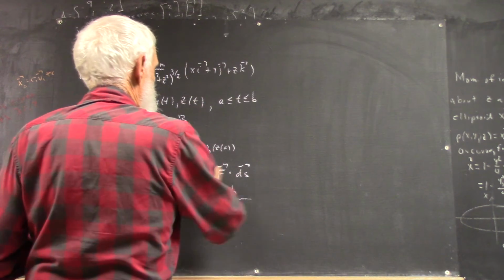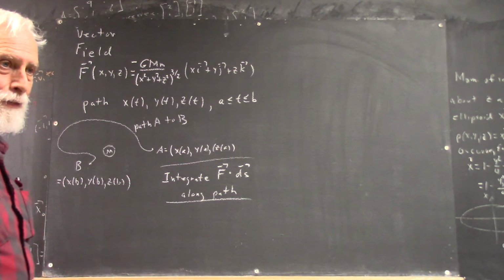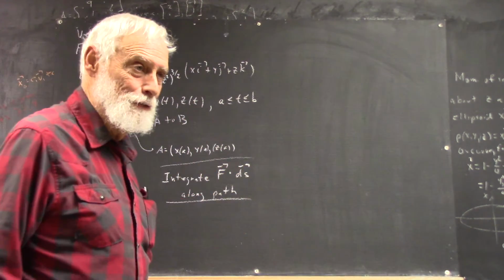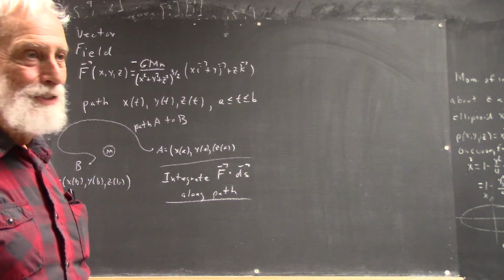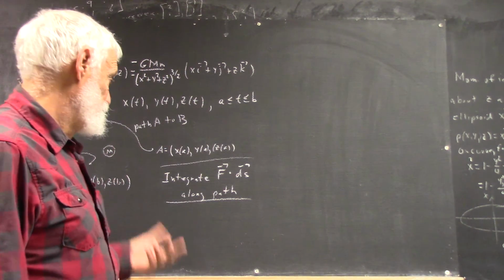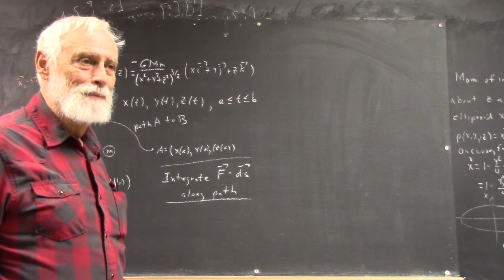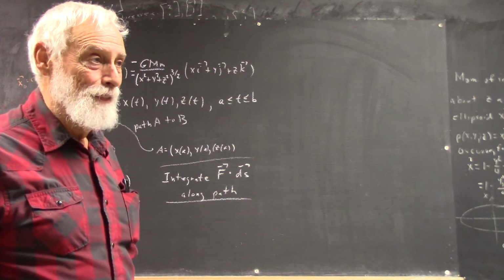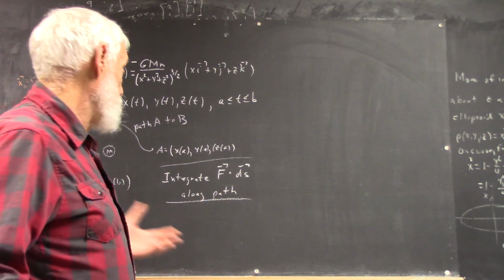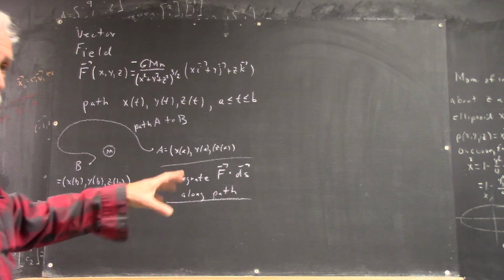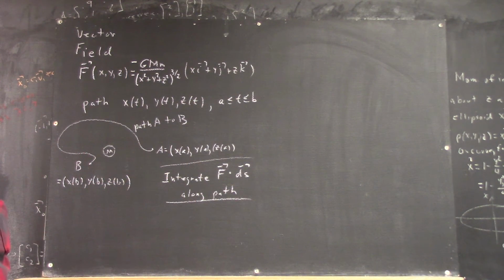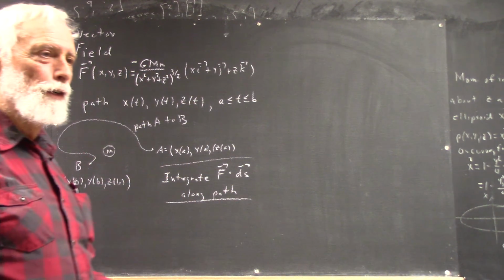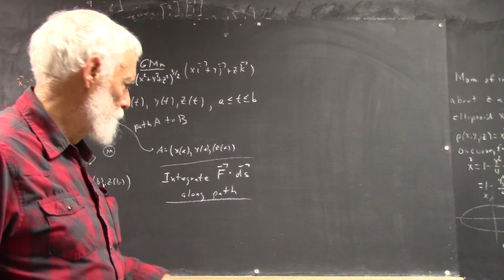If you know physics, you know that's a work integral. If you know calculus, you should know that's a work integral, because that's a standard example of line integration, although it's not done in every calculus class. But very commonly it's in the textbook. I don't know of a textbook that doesn't have it.